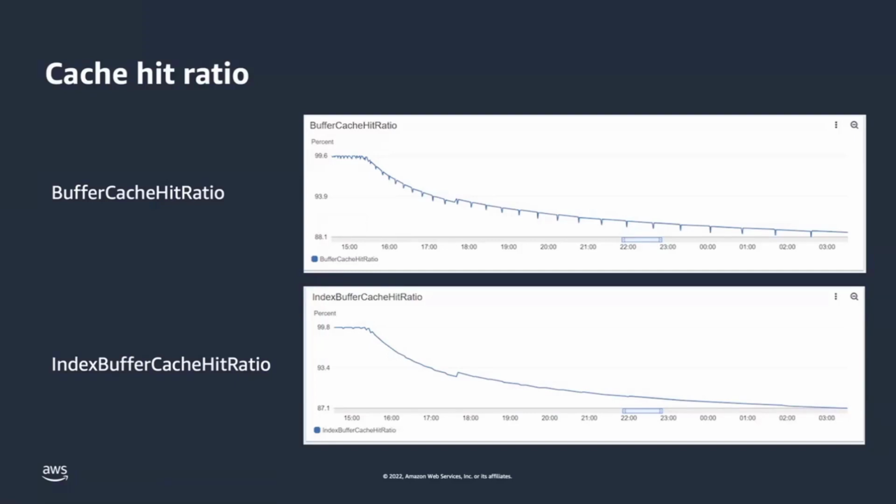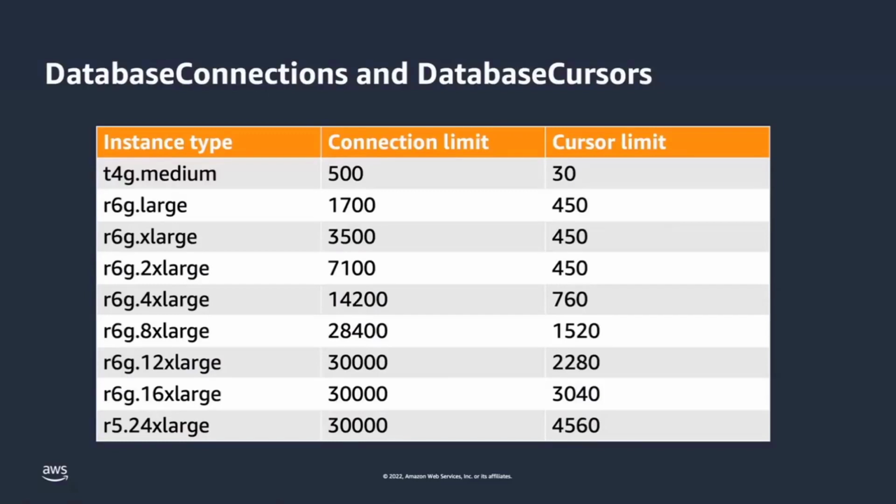Buffer cache hit ratio, think of that as a superset because it has cache hit ratios for both index information and the data stored in your cluster. Now again, because you want to try to serve reads from that buffer cache, the value of these should be as high as possible, right? Ideally, you'd want to see 100% on these because reading from memory is going to be faster and more cost effective than reading from that distributed storage volume. So that's cache hit ratios.